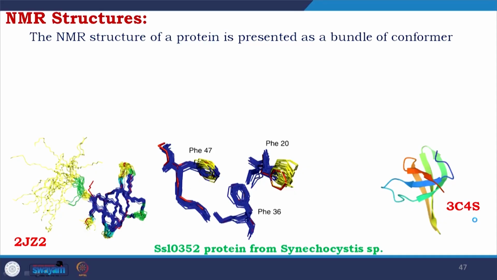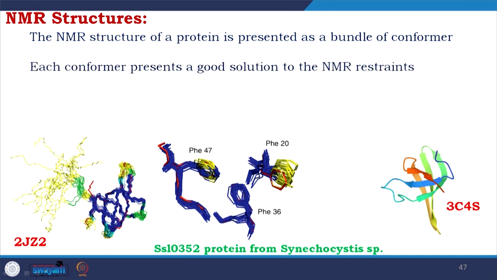Okay. So, now we have finally the NMR structures. The NMR structure of a protein is presented as a bundle of conformers. As you see, this is the representation of an NMR structure of SS10352 protein from Synechocystis species, and this is the crystal structure of the same. So, you see that the dynamics of the loop is higher. So, you get a lot of conformations.